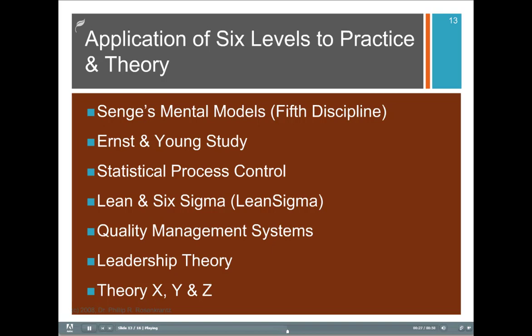I think the practice of statistical process control also maps into the 6 levels. Of course, Lean and Six Sigma will be shown as well. And at the bottom, I've pointed out leadership theory and theory X, Y, and Z that are also highly correlated to what we're talking about.